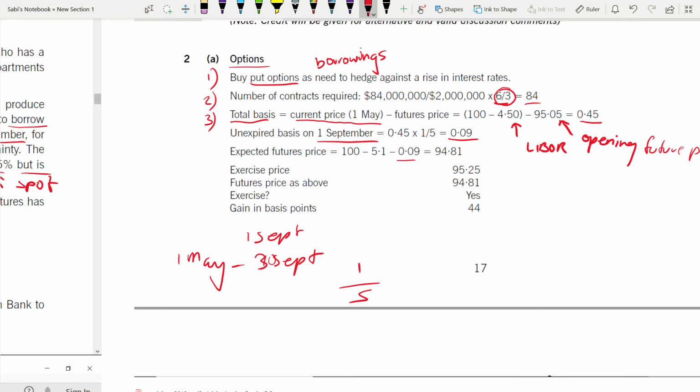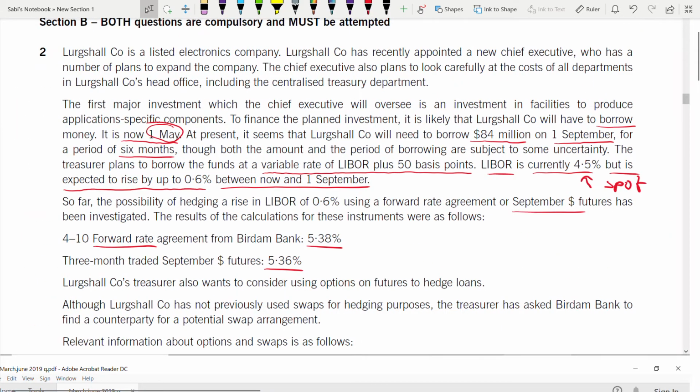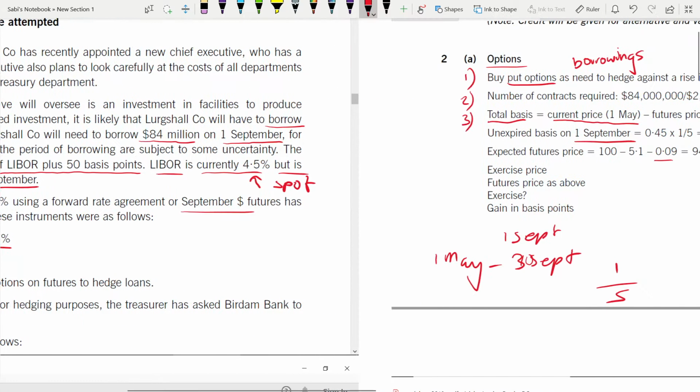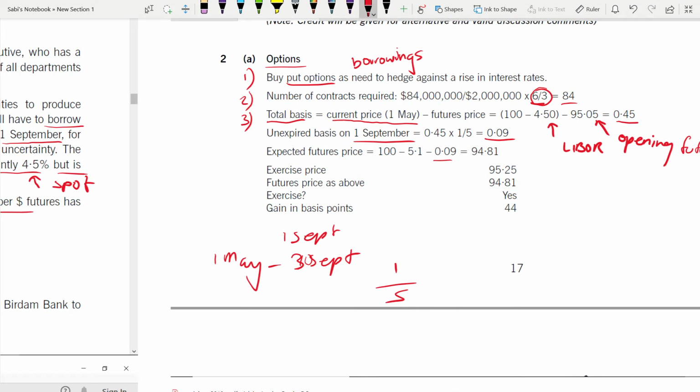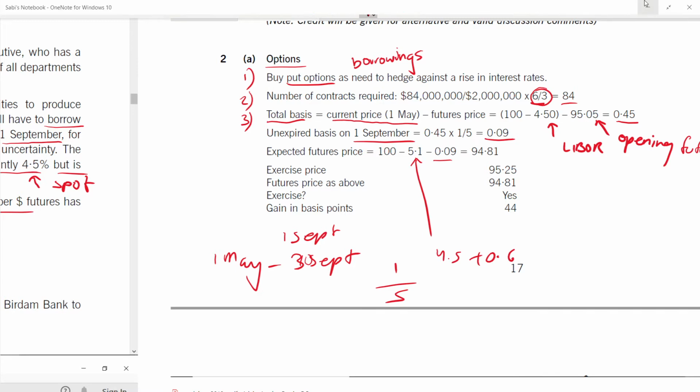Why 100 minus 5.1? Because LIBOR is currently 4.5%, but it is expected to rise by 0.6%. That means 4.5 plus 0.6, it is 5.1. That's why you have to deduct 5.1%.